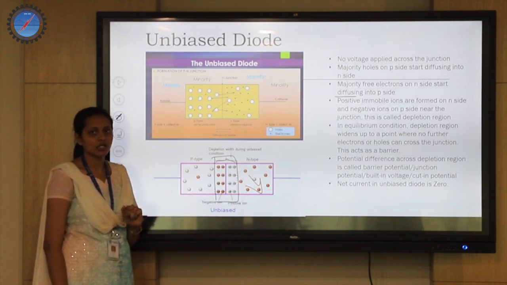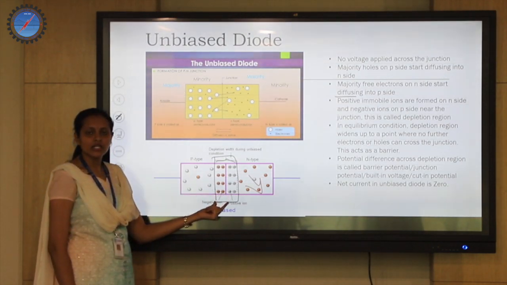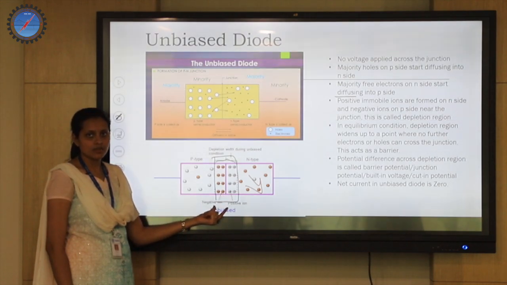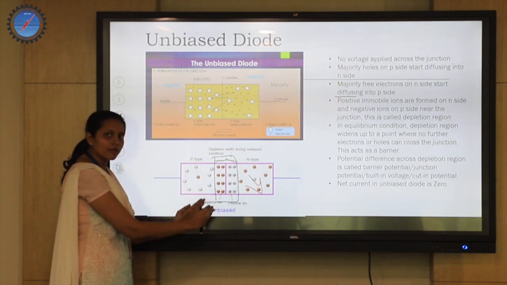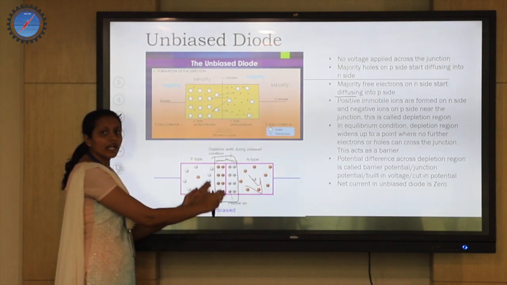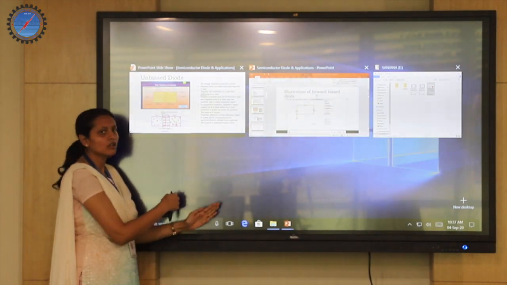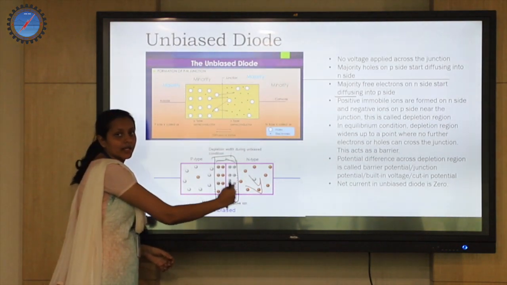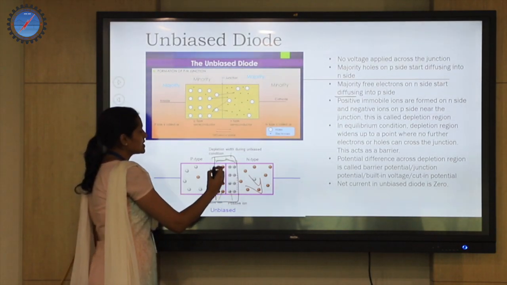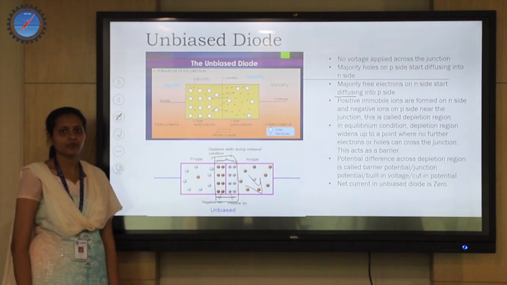But because of the formation of the depletion region, it is not possible, because the depletion region acts as a barrier. It restricts the further movement of charge carriers from n to p side or p to n side.